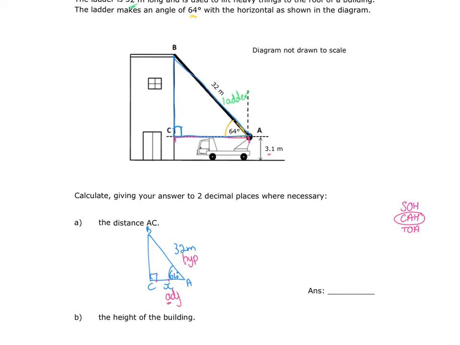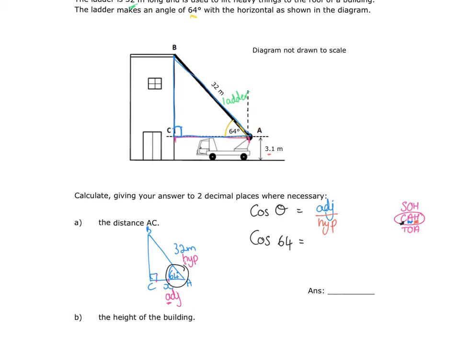CAH. Now C of CAH means cosine theta, cosine angle. Okay? A means adjacent, and H means hypotenuse. So now what we have to do is substitute. So cosine, instead of theta, we write the angle, and the angle is this one, 64 degrees.